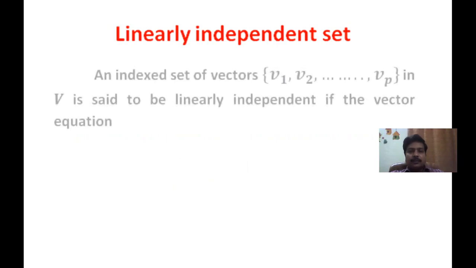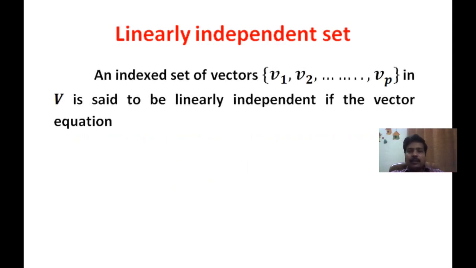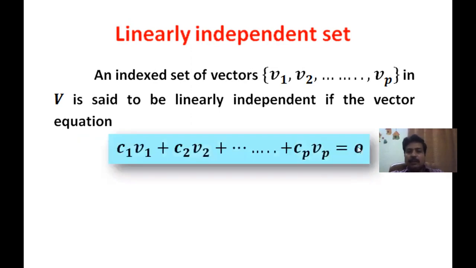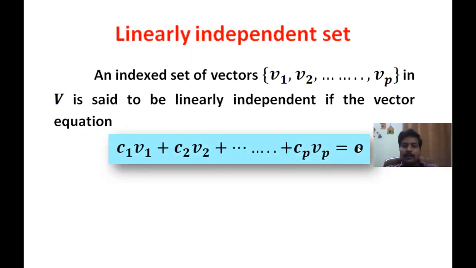So let us first recap the definition of linearly independent set. An indexed set of vectors, set of V1, V2 and so on Vp in a vector space V is said to be linearly independent if the vector equation C1 V1 plus C2 V2 plus so on plus Cp Vp is equal to O, the zero vector, has only the trivial solution.